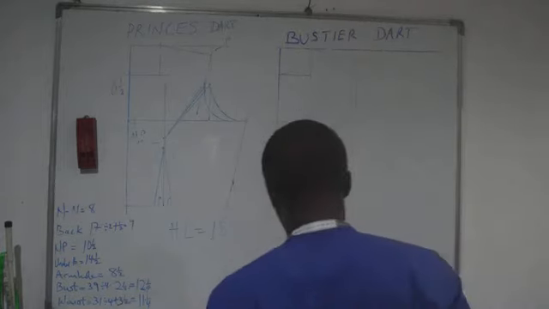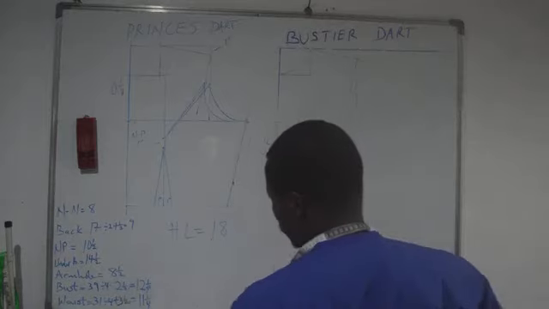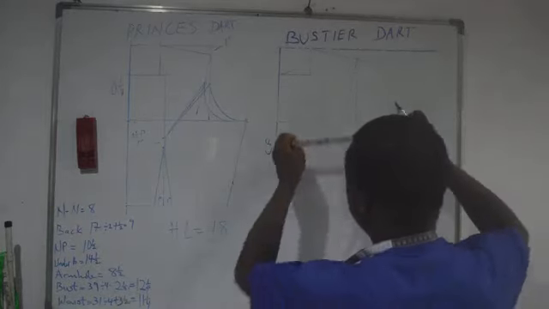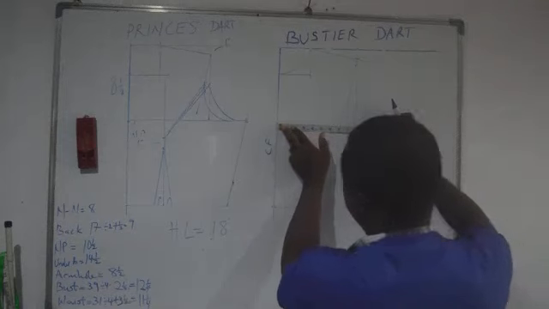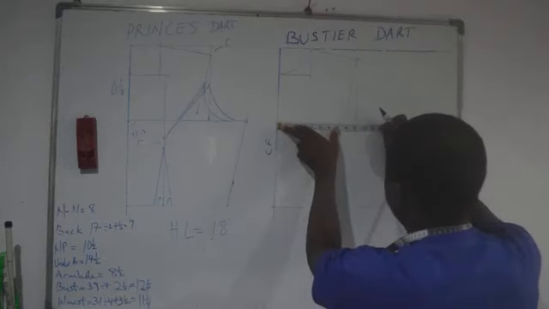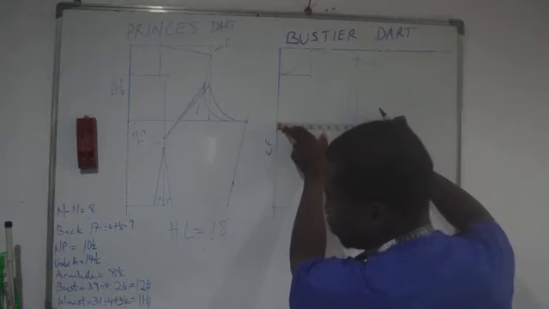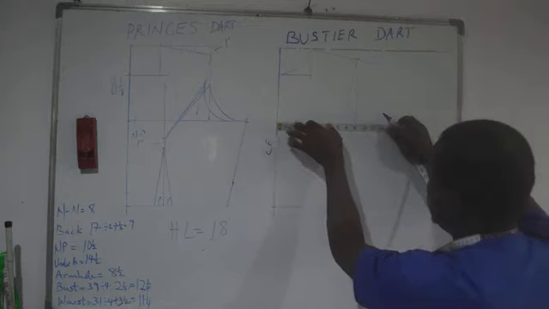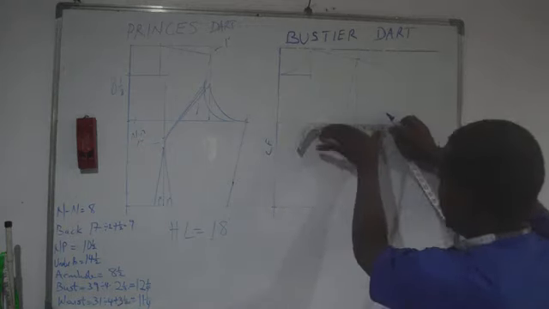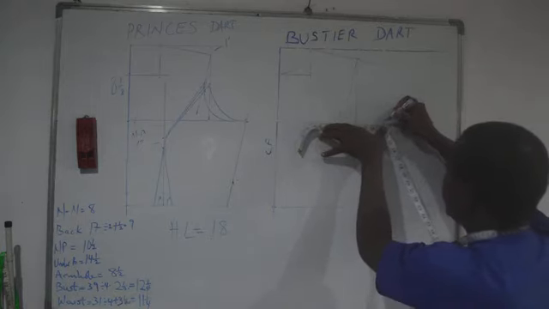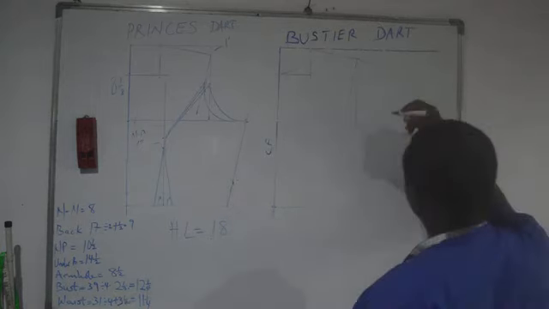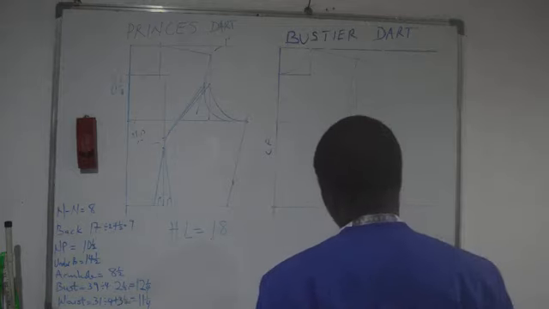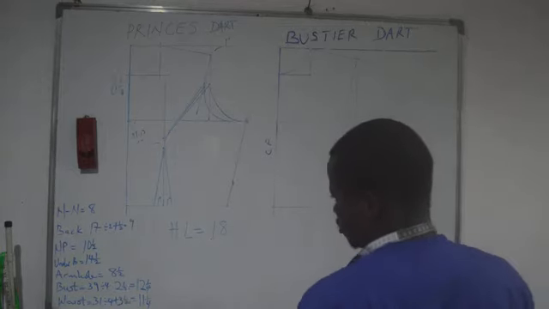Then come to the bust. You place a quarter of your bust plus whatever you have decided to add for the dart. So for the bust it is 39 divided by 4 plus 2.5. You get 12.25. Then you come to the waist and mark the waist.